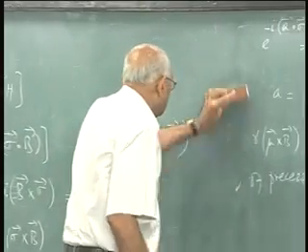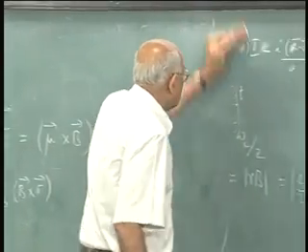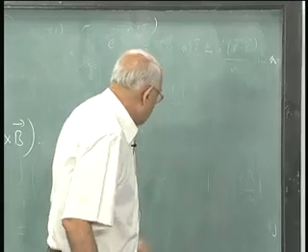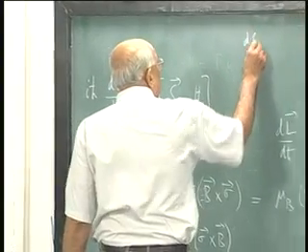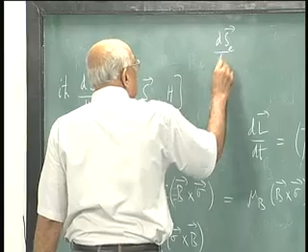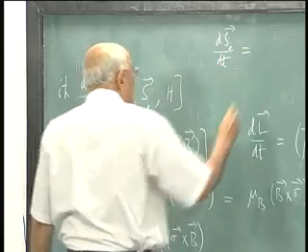So this was my classical equation, and now I would like to write the quantum equation, and the quantum equation says dS over dt is equal to minus mu_B.